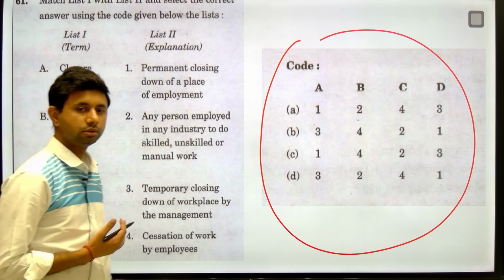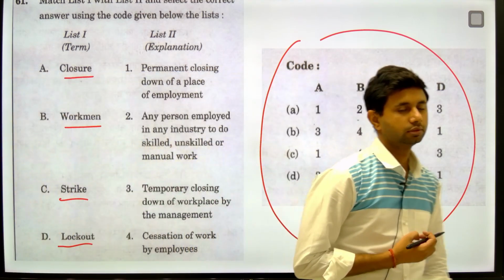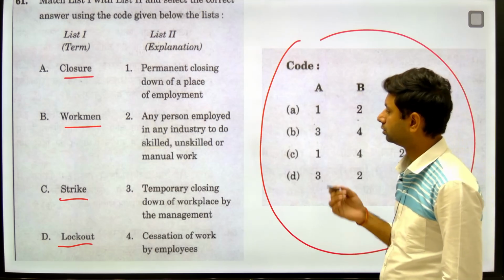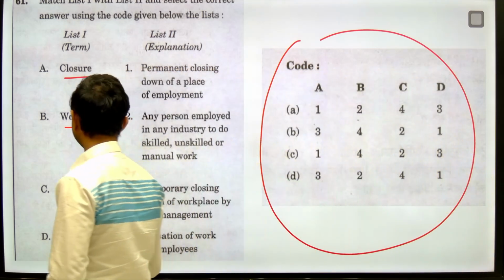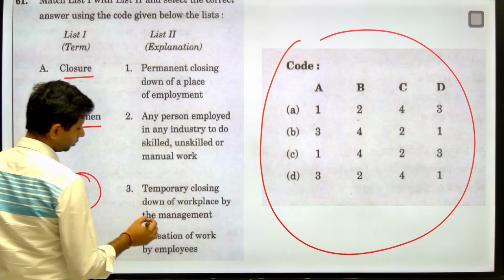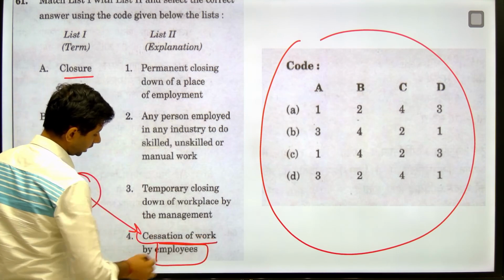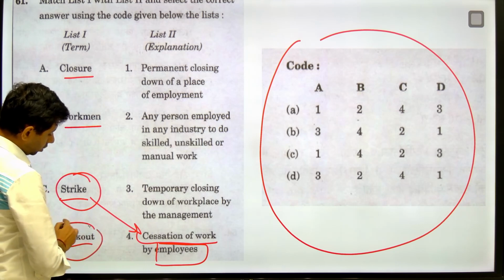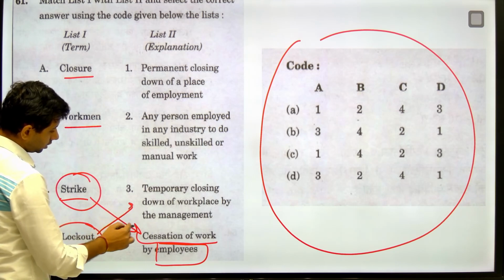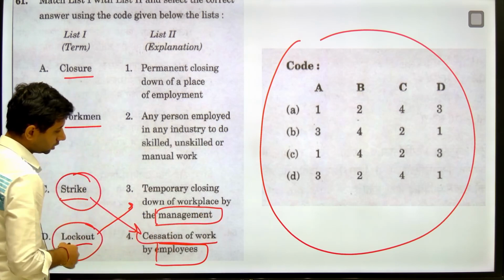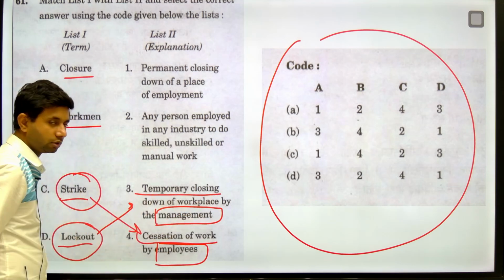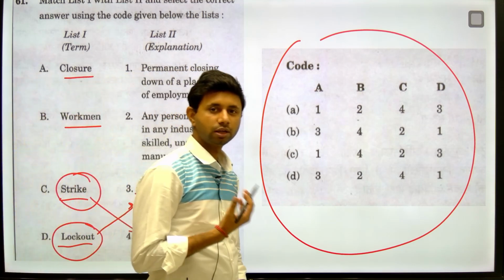Okay, pause the video, try to do this. So usually strike is associated with employees. It means a cessation of work by employees. Similarly, lockouts are the provisions that management uses in order to strengthen their position during collective bargaining.